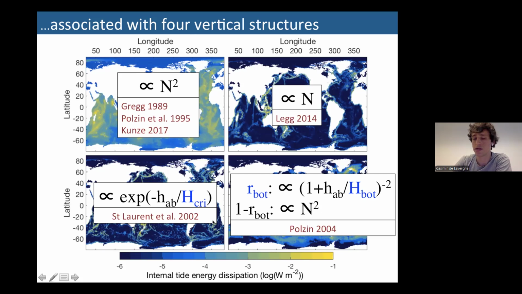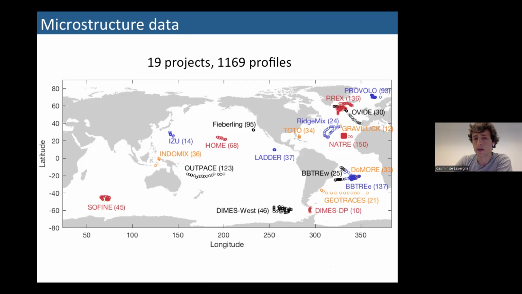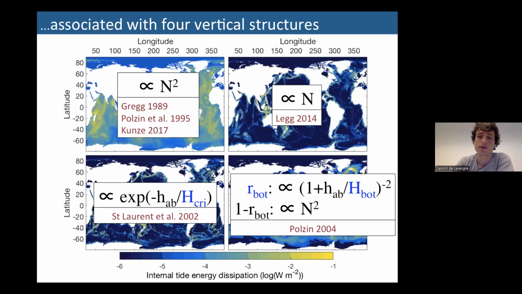And admittedly, it's fairly ad hoc to have just one fixed parameter for this, but it works really well. I don't have the detailed figures on this, but I'll show you soon that it works fairly well in terms of reproducing microstructure observations. And it also fits with what Polzin was saying in his paper. You also need some dissipation higher up to match the observations.